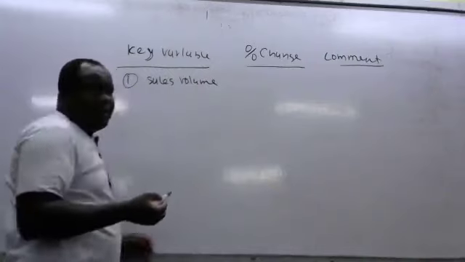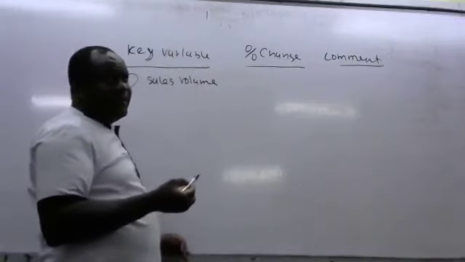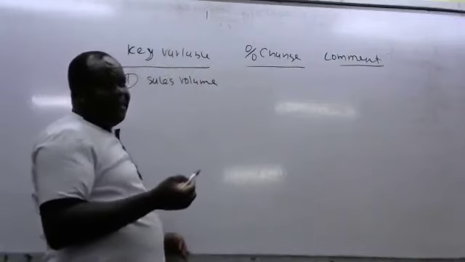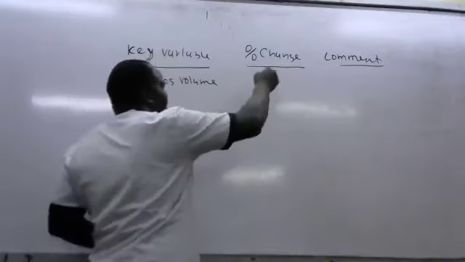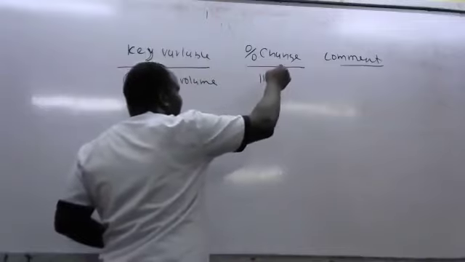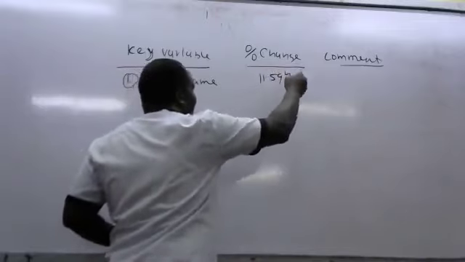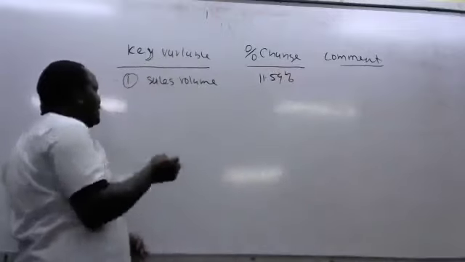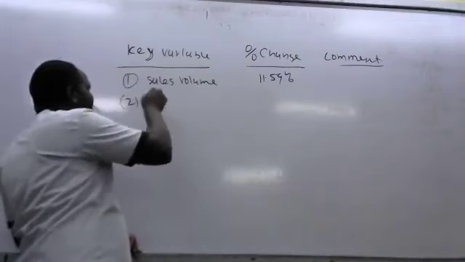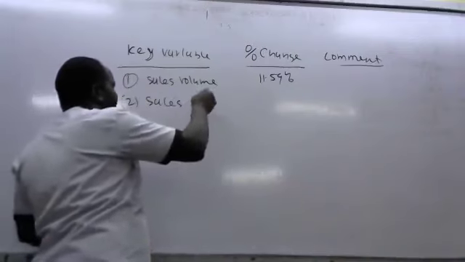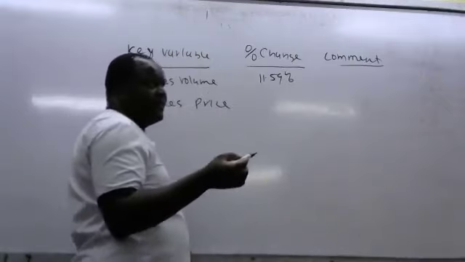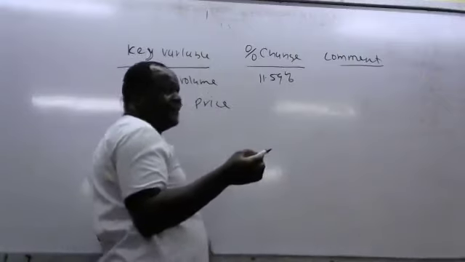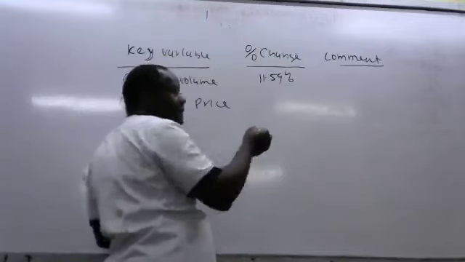We got which percent? 11.59. Then the second one is the sales price. What did we get for the sales price? 5.28.